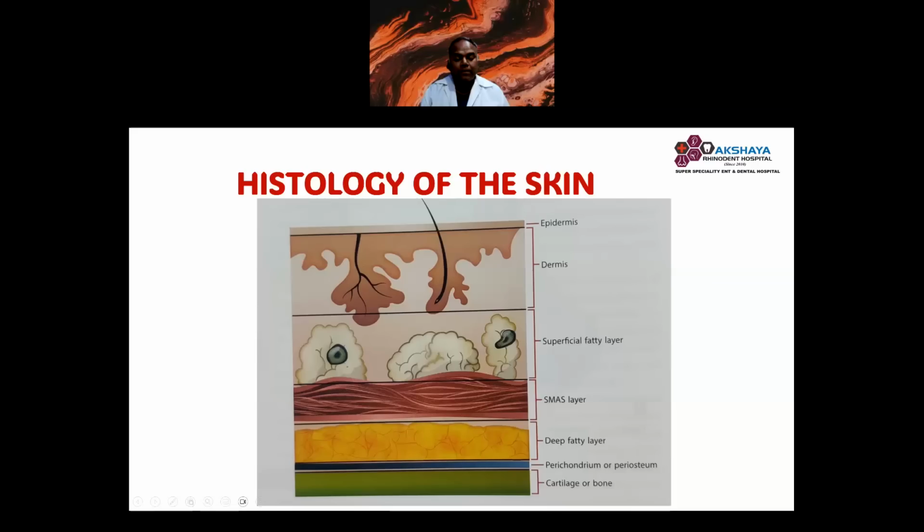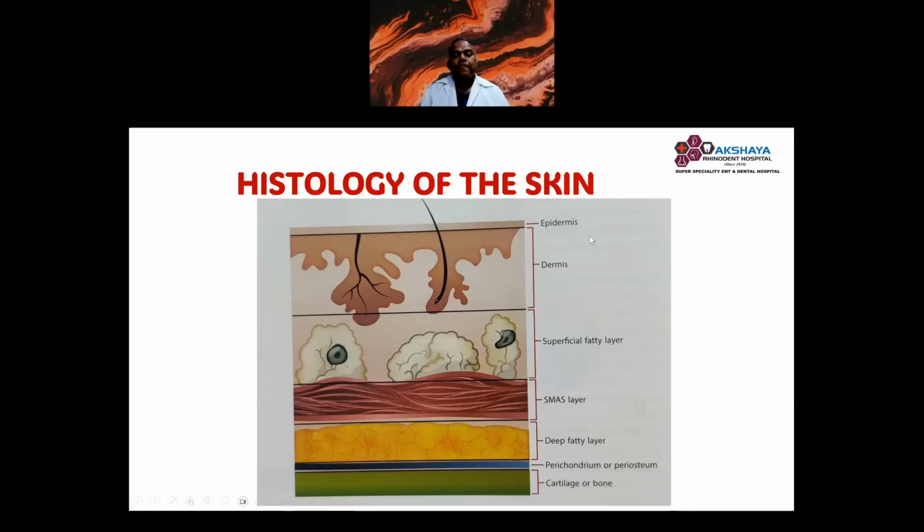And if the skin is too thick, how to reduce the thickness of the skin? You can resect the deep fatty layer, and try not to injure the superficial fatty layer or the dermis and epidermis. If you do, then it will lead to scarring. There will be a lot of unwanted scar.